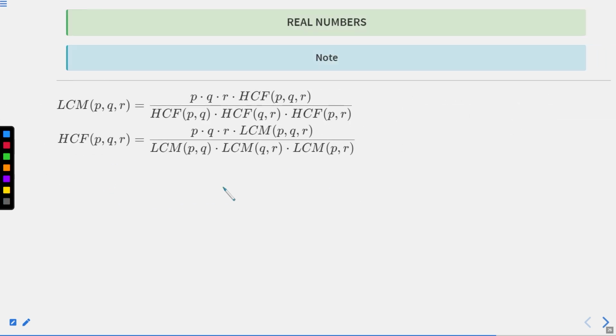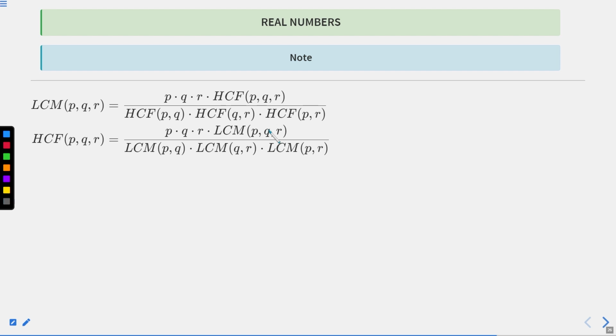LCM of p, q, r equals p times q times r times HCF of p, q, r divided by HCF of p, q into HCF of q, r into HCF of p, r. And HCF of p, q, r equals p into q into r into LCM of p, q, r divided by LCM of p, q into LCM of q, r into LCM of p, r.